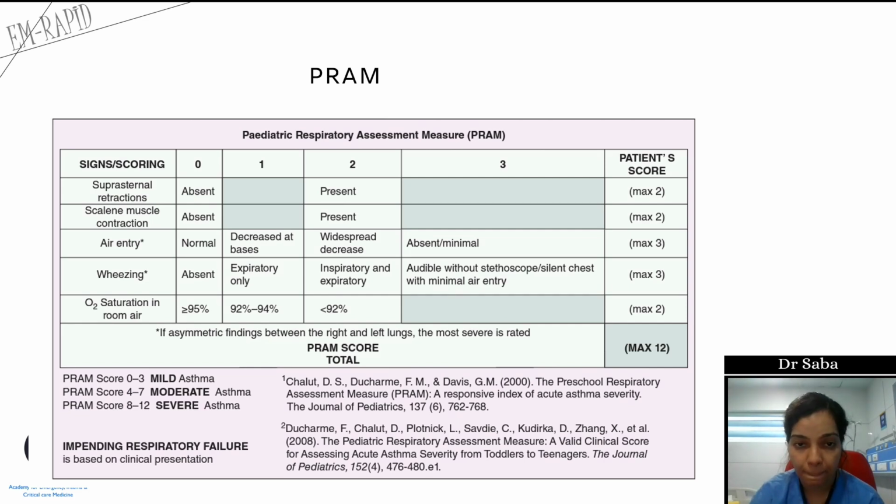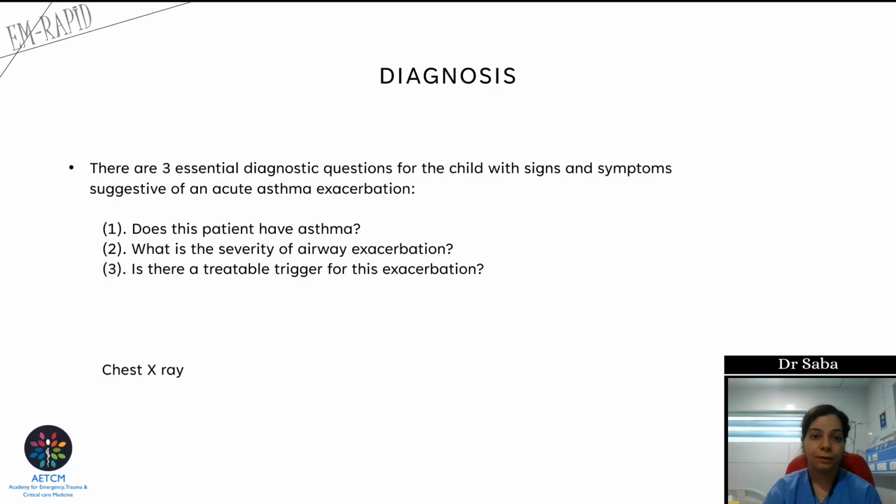Now, diagnosis essentially revolves around asking three major questions for the child with signs and symptoms that suggest asthma exacerbation. One, is there a past history of the child having asthma? Or is it the first time the child has landed up with something which is raising suspicion for bronchial asthma?